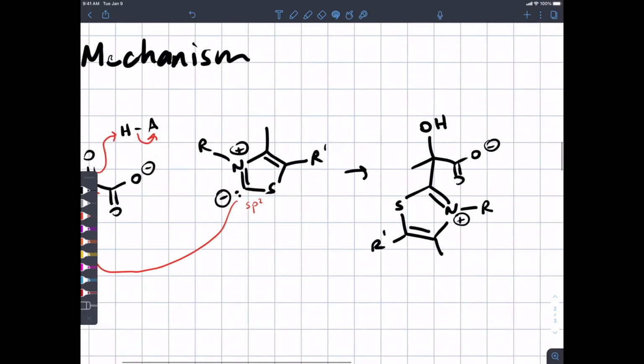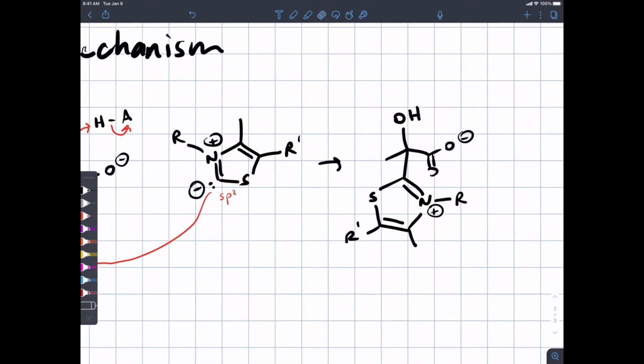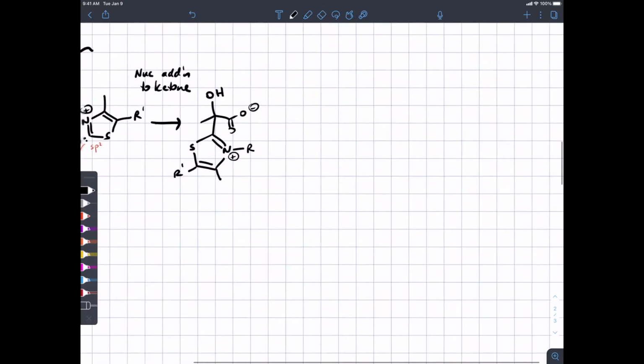You know, if you're trying to categorize these reactions in terms of things you've seen before, this is nucleophilic addition to a ketone. All right, so I'm going to redraw this molecule. Here is the acid group.